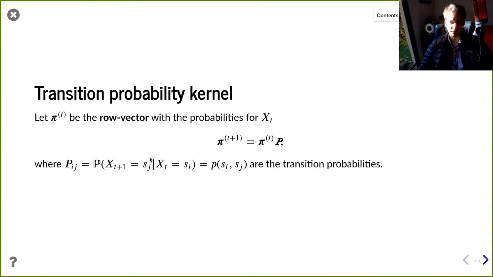So the probability of transitioning from the state S sub i to the state S sub j is this number, and that number goes to the element i j of this matrix. And that's basically all we needed to remember, and we'll start with the examples.